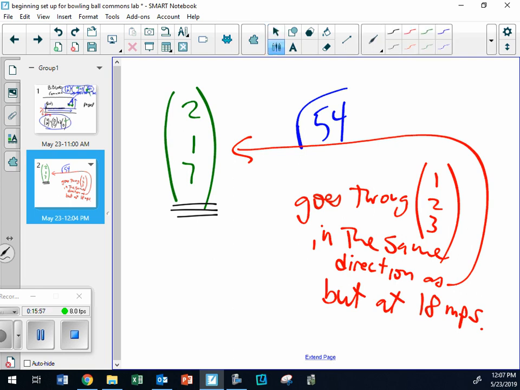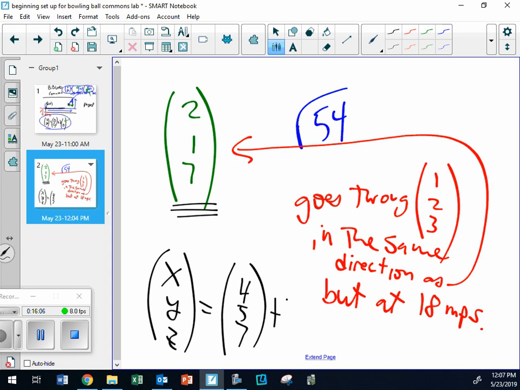So your final answer is an equation. Your final answer is not just a vector. Final answer is an equation like this. Make an equation like that, except it needs to be going through the point 1, 2, 3.